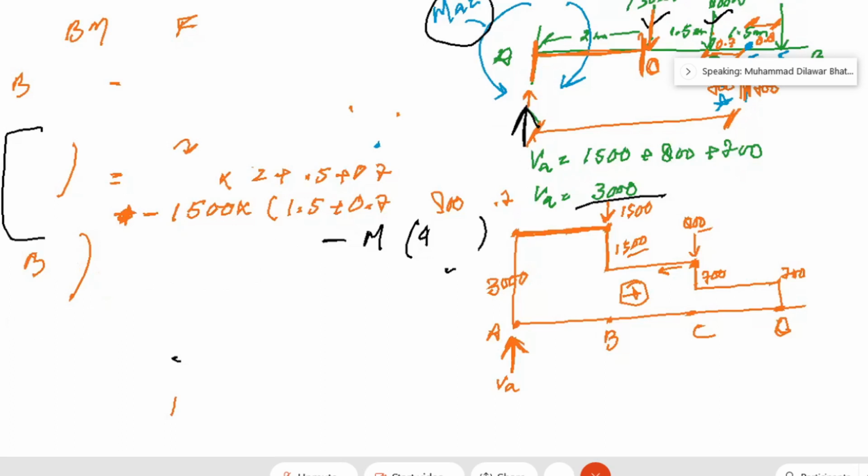Now let's say this is the axis, where we can draw the bending moment at any point.